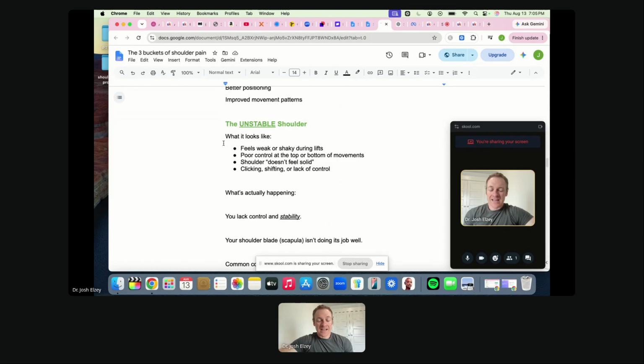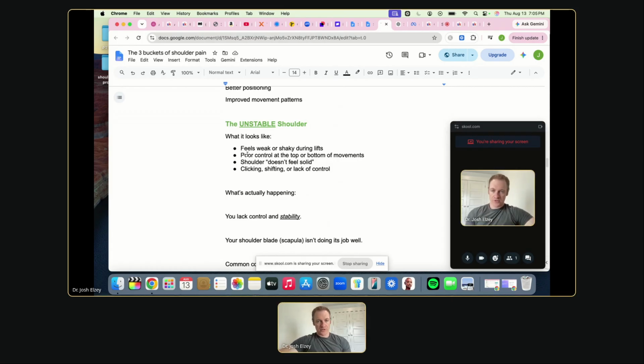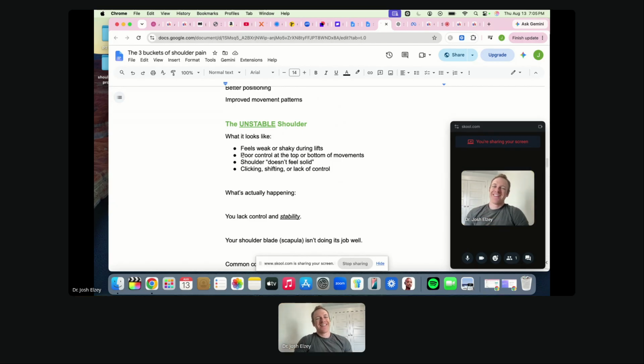Category number two, the unstable shoulder, right? The stability piece. The shoulder is in a constant back and forth give and take of mobility and stability. Inherently, it's the most mobile joint of the body, and because it is so mobile, it is sacrificing stability.